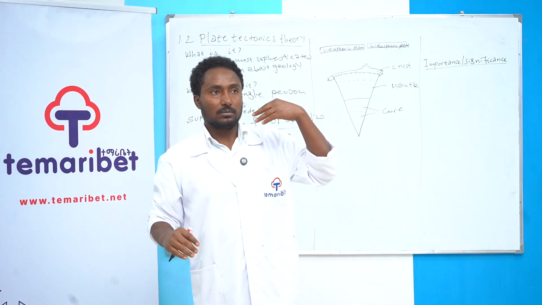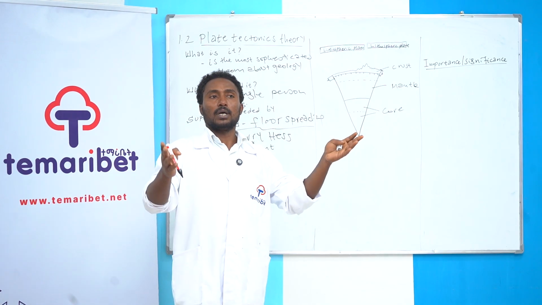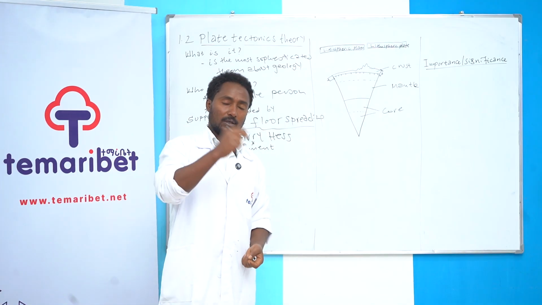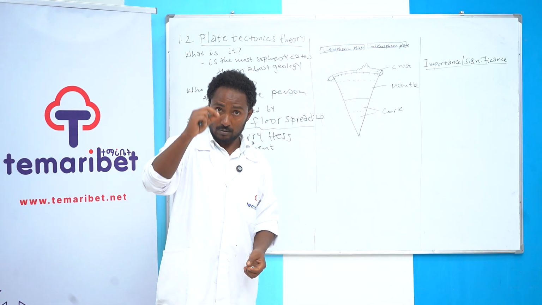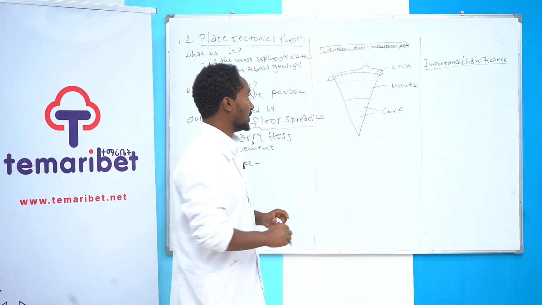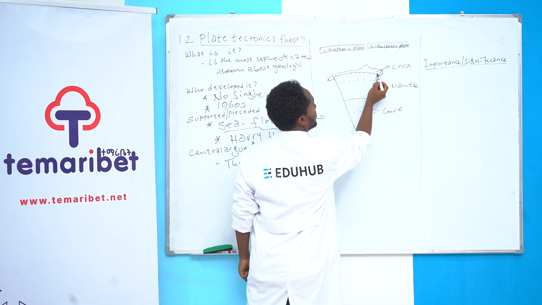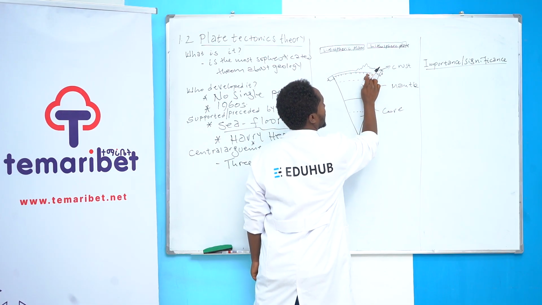The core, mantle, and crust are the known and simple to understand layers. However, according to plate tectonics theory, there is one special layer which is composed of the crust and the uppermost part of the mantle. Crust plus the uppermost part of the mantle, which is depicted here by these dots.